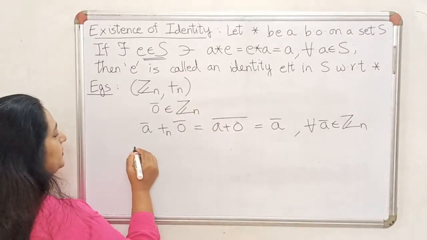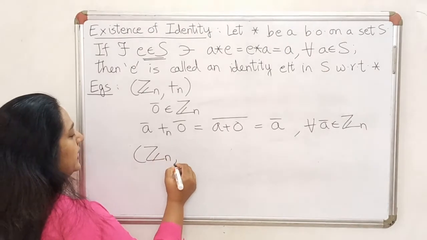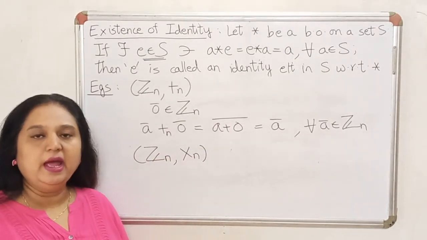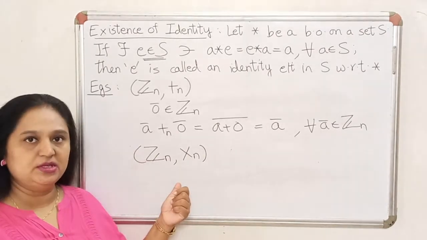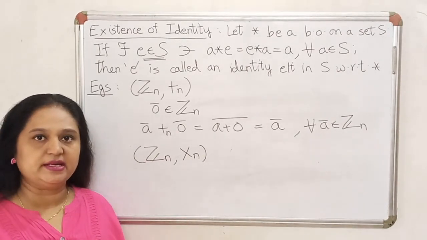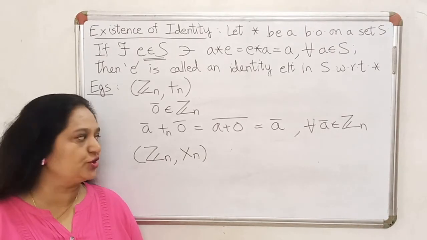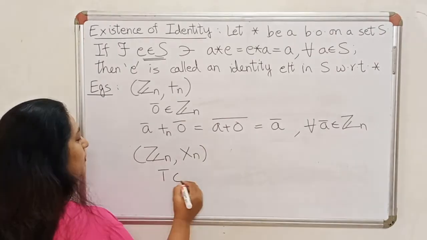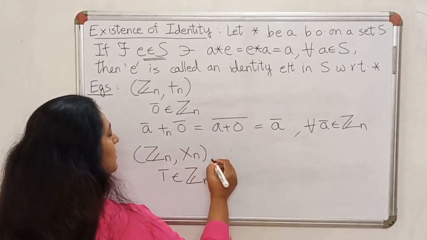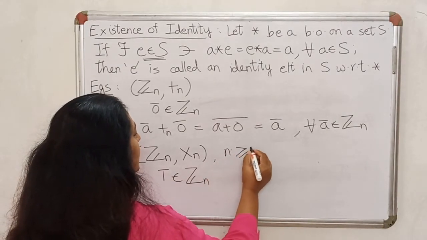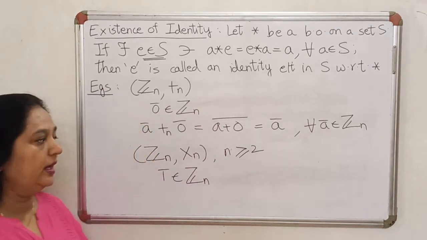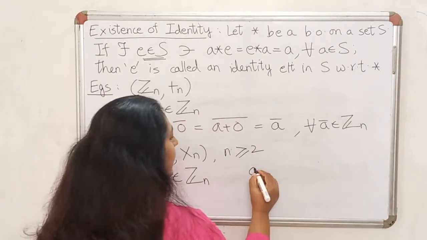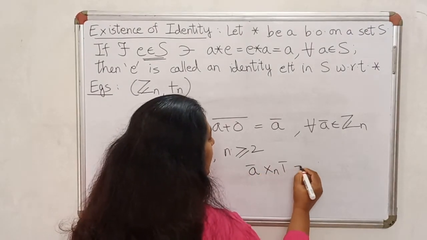Next, let's look at Zn with respect to multiplication modulo n. And once again I want you to think about this. What could be the identity in Zn with respect to multiplication modulo n? We know that 1 bar is in Zn. Of course, I'll have to assume that n is greater than or equal to 2. Then I know that 1 bar is in Zn. And what happens if I multiply any element of Zn with 1 bar?